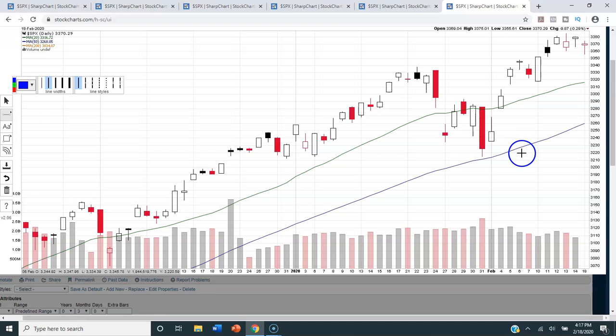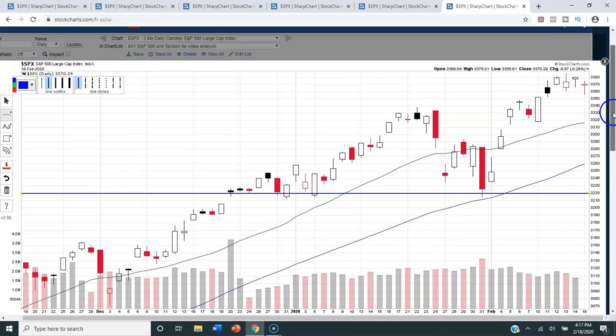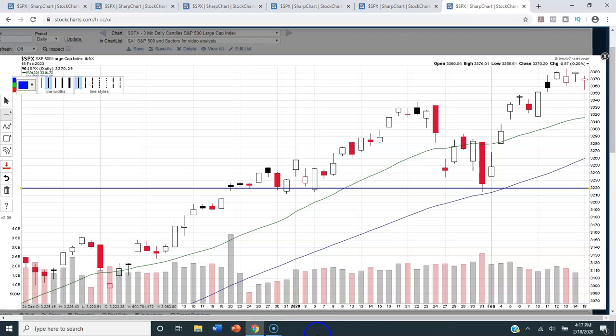And you can see here, when I draw this line at 3220, you'll see what I'm talking about. So back in December of 19, once we got above this 3220 area, you can see that we have not since, let me draw a vertical bar so we can really get the day on this, since the 20th of December. And these bars down here, by the way, are the volume.